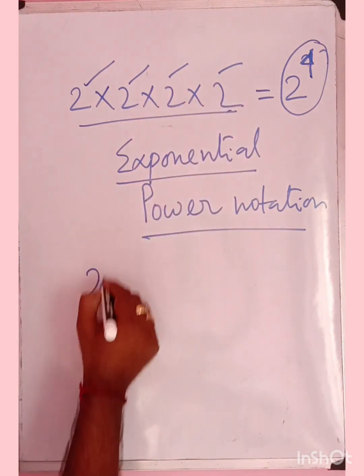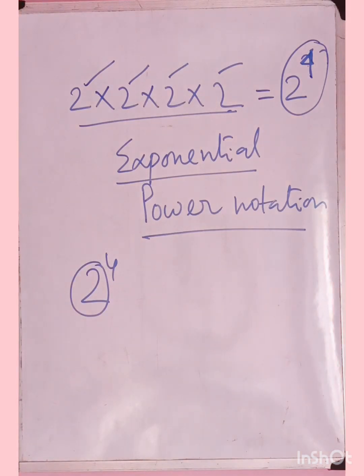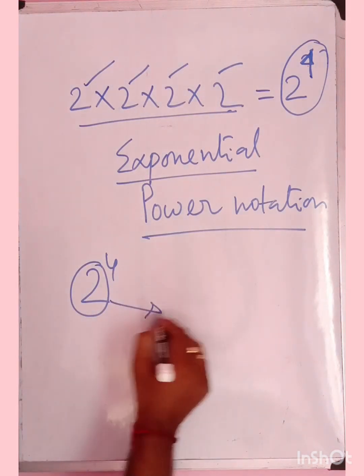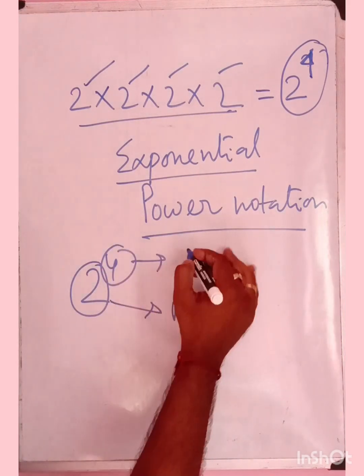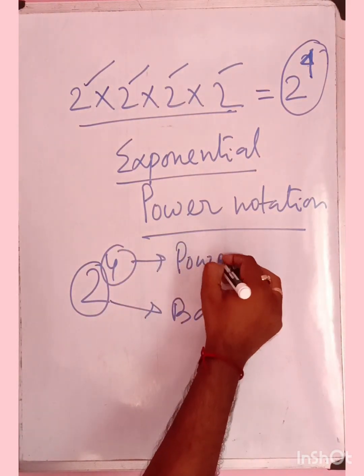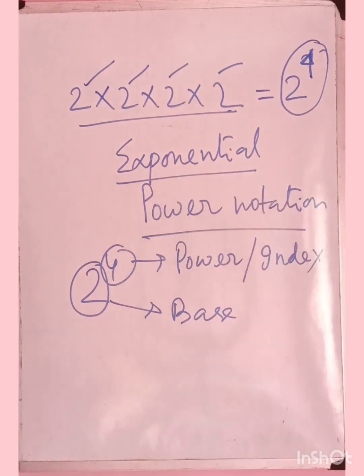And in this exponential form, this 2 is called the base and this is called power or index. Okay? This is called the base and this is power or index. Clear?